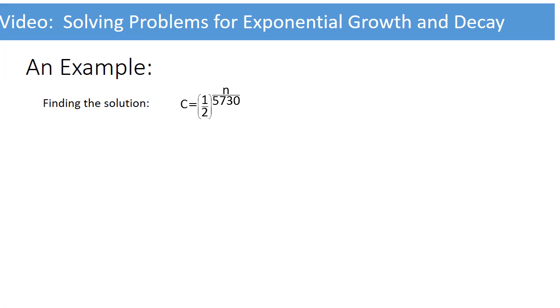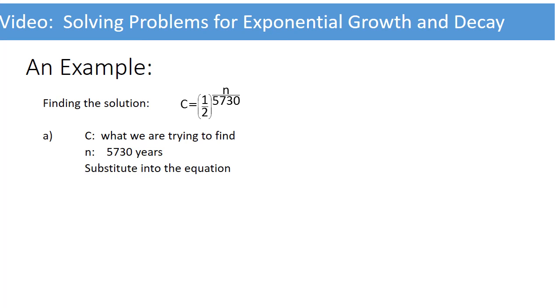Now, let's find the solution for part A. C is what we are trying to find. N, we're given in the question, 5,730 years. Substitute in the equation. C is equal to 1 times 1/2 to the exponent 5,730 divided by 5,730.